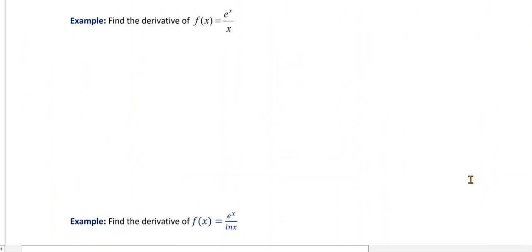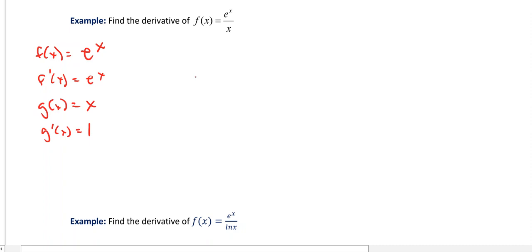So the numerator, f of x, is e to the x, and the derivative of that is e to the x. The denominator, g of x, is x, and the derivative is 1.